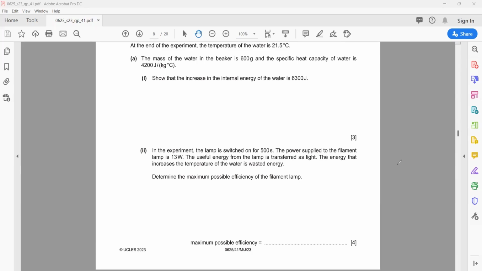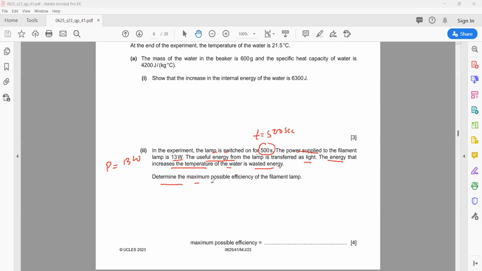Okay. Now, question number 2. In the experiment, the lamp is switched on for 500 seconds, meaning the time is 500 seconds. Then the power supply to the filament is 13 watts, so power equals 13 watts. The useful energy of the lamp is transferred as light. The energy that increases the temperature is waste energy.